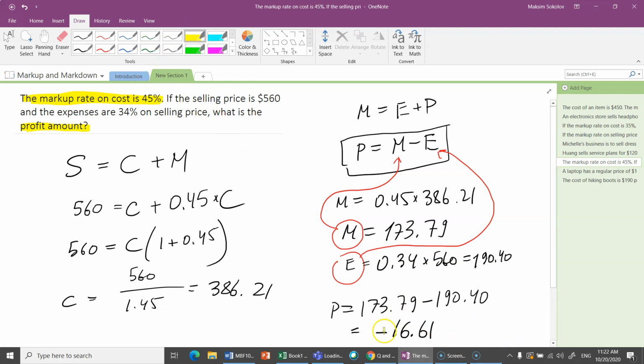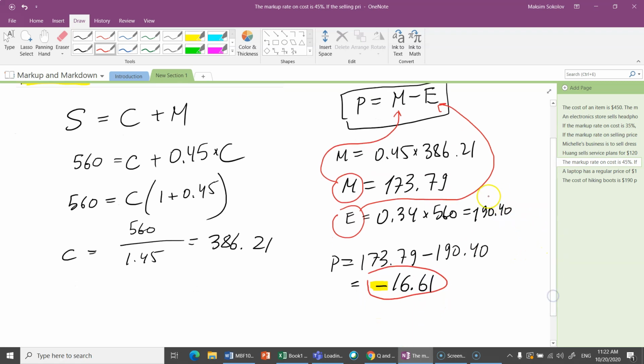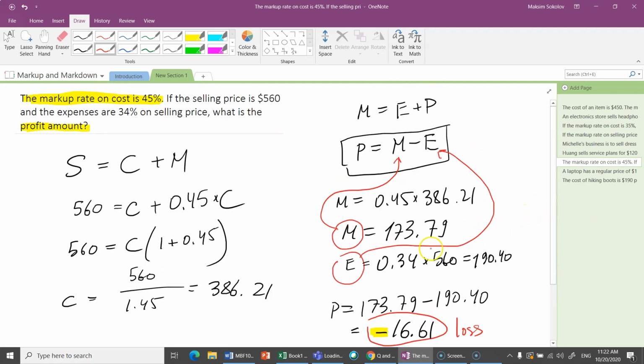A very important thing is to notice that we have a negative sign here. And what does that negative sign mean? It means that actually this is not a profit but a loss. So we have here loss. When we have negative profit, it is loss. In this problem, we have a loss of $16.61.